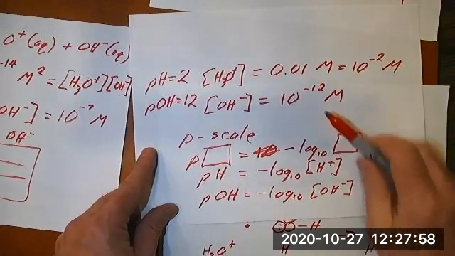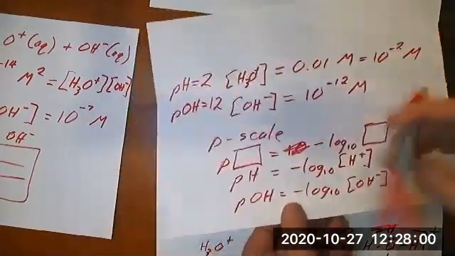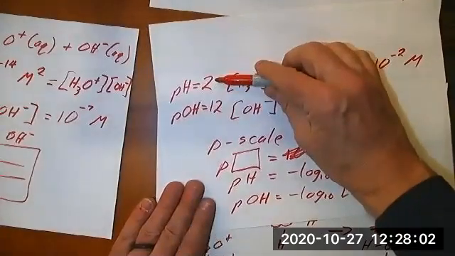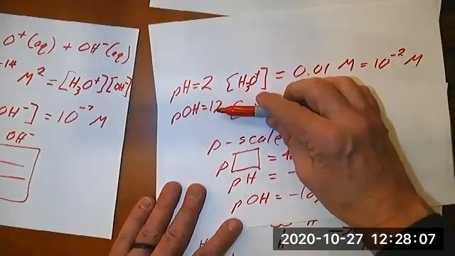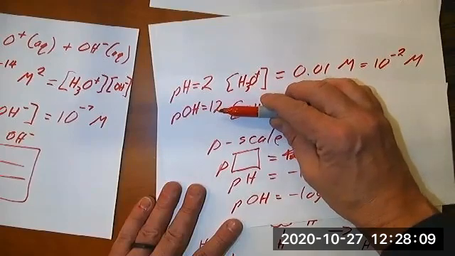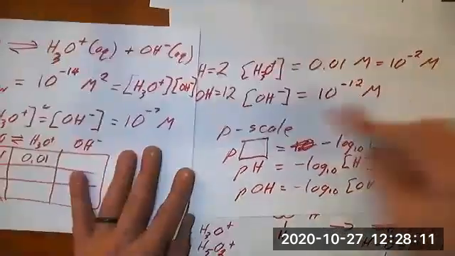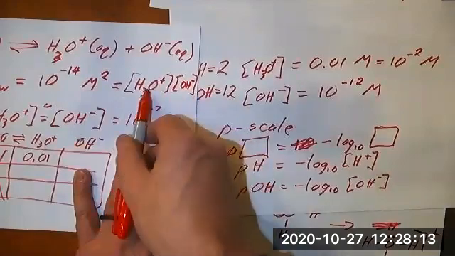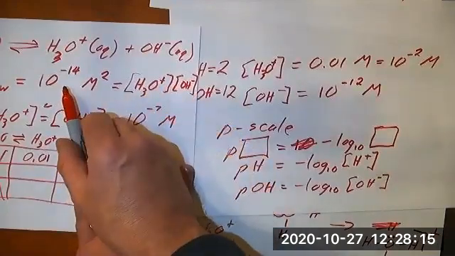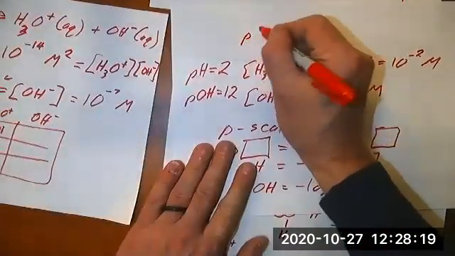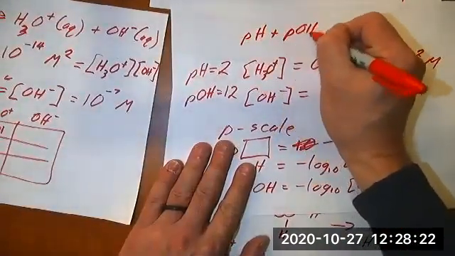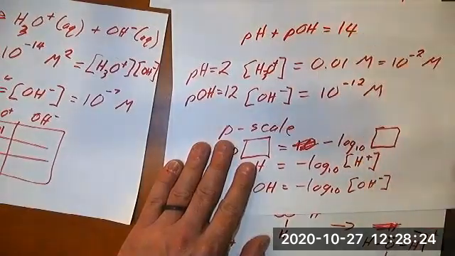Okay. And what you should notice here is that pH plus pOH will always equal 14 because the product of these two concentrations is always going to be 10 to the minus 14. Okay. So pH plus pOH equals 14.